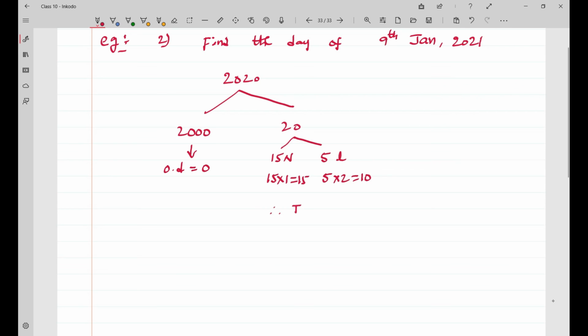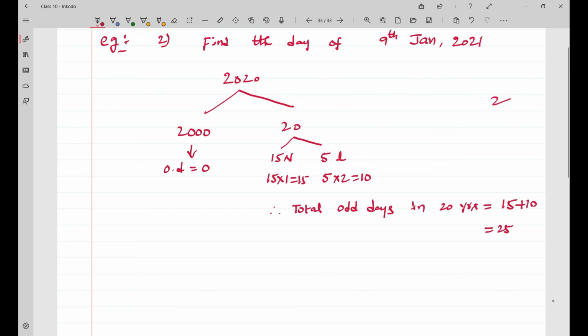Therefore total odd days in 20 years equal to 15 plus 10 equals 25.